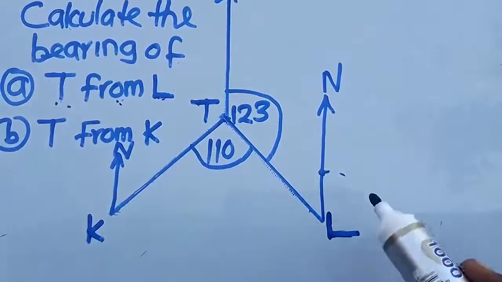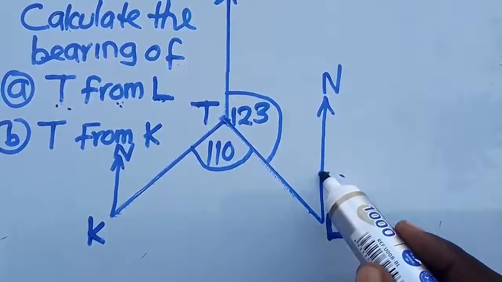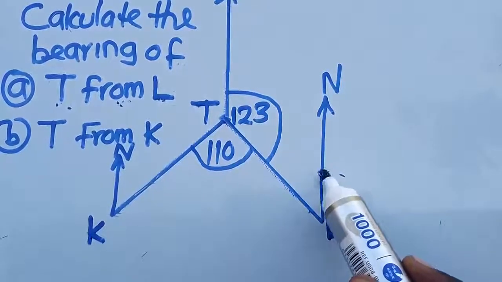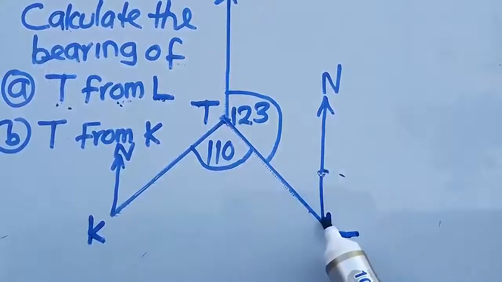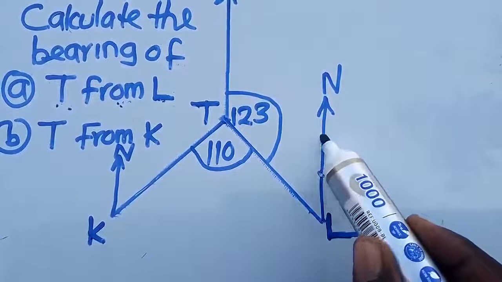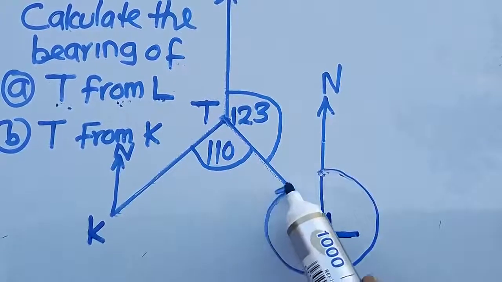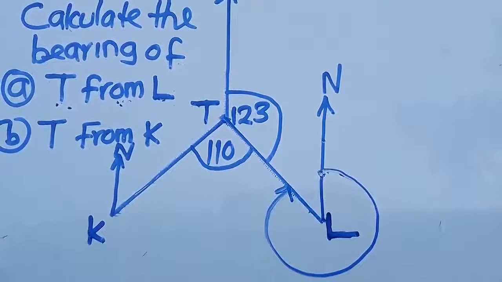So for the angle that you want, from L you meet T. T from L. You start at L, and you start at the north. They're saying T from L, so you start from L and move like this until you meet T. This is the angle that you want to find.